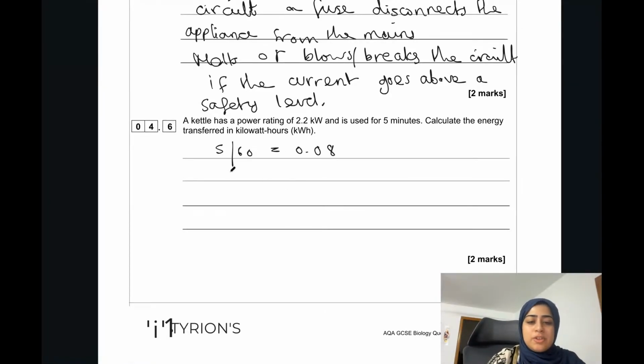And then you would just do 2.2 times 0.08 because you want it in kilowatt hours, which is 0.176 kilowatt hours.